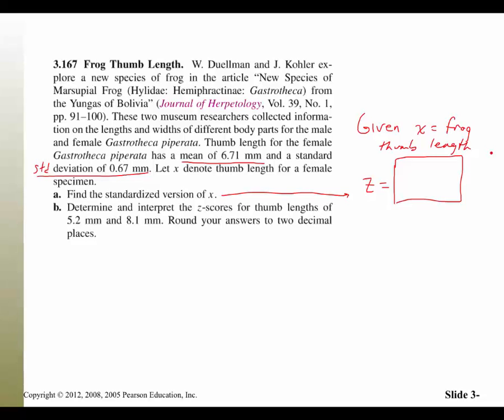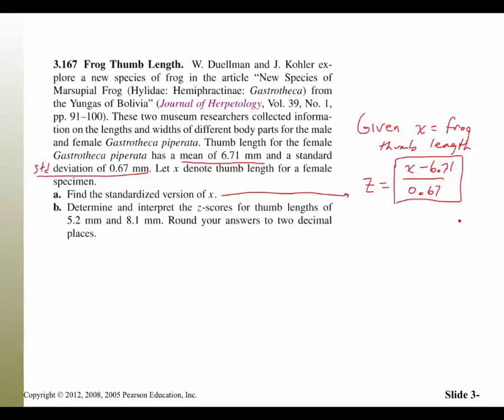How would you find, in essence, how many standard deviations above or below the mean that particular observation was? And how would we do that? Miguel, how would I do that? That would be x minus 6.71 over 0.67. That's right.